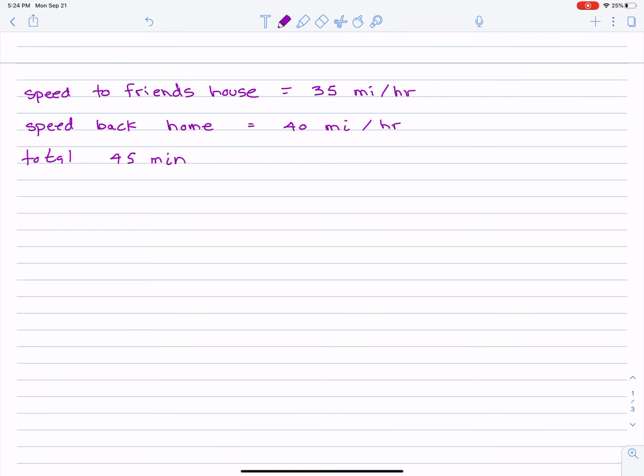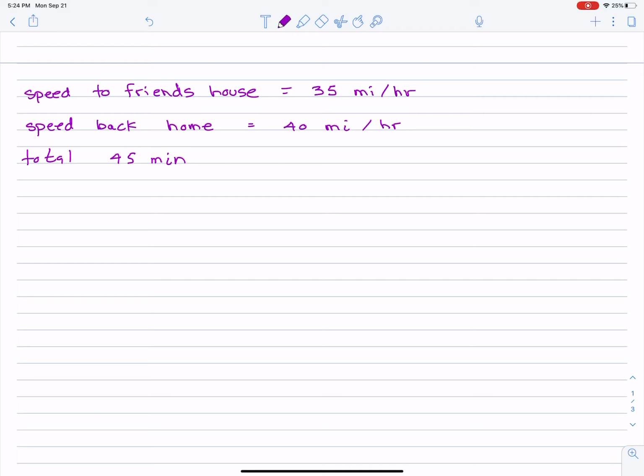So the first thing we're going to have to do is make a decision. Are we going to keep this in hours or keep this in minutes? It doesn't really matter. You just have to make a decision. I'm going to convert the total time to hours, just because it's going to be a little bit easier.